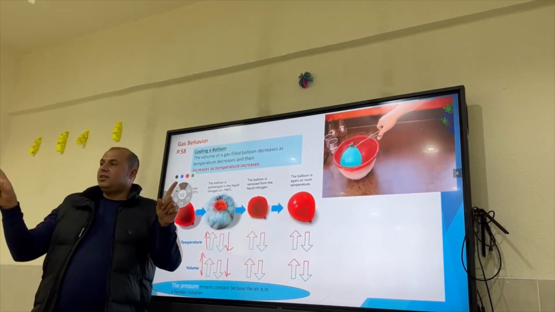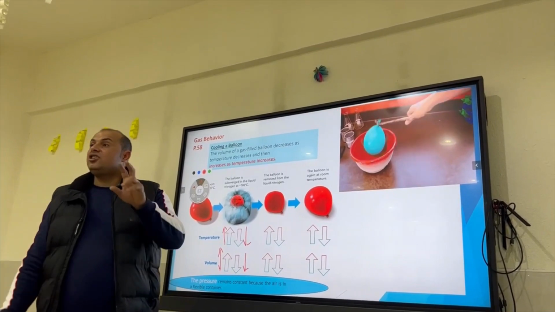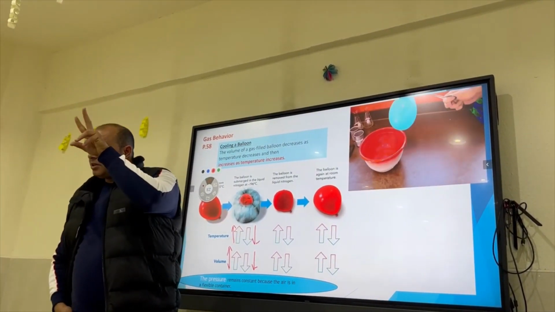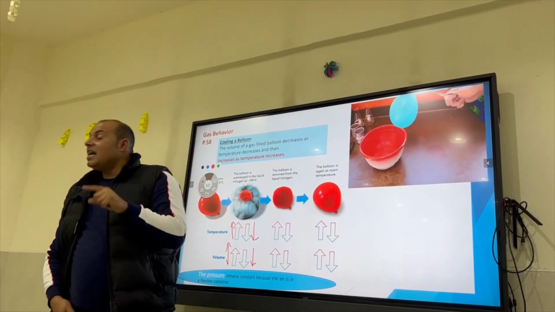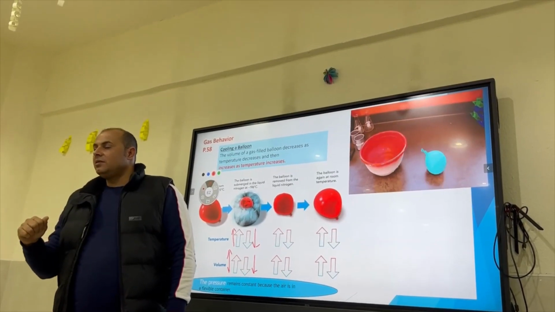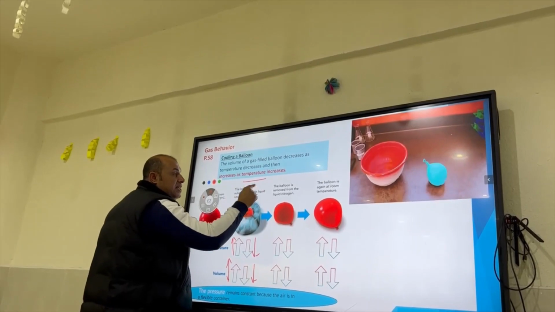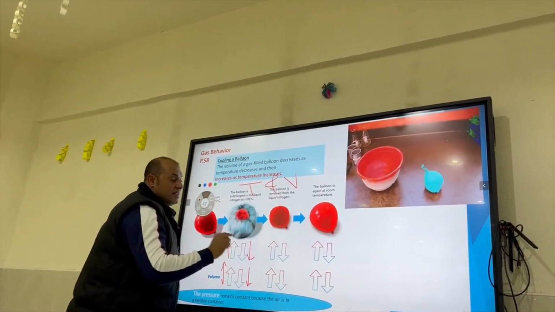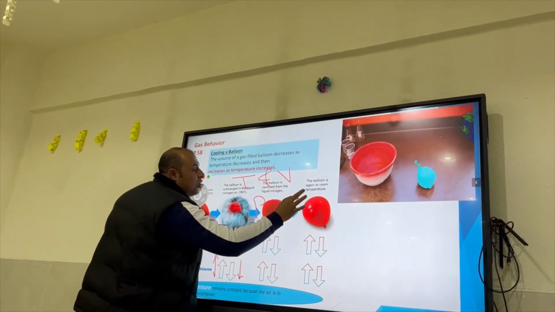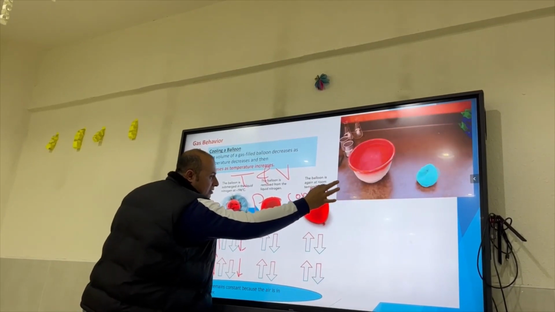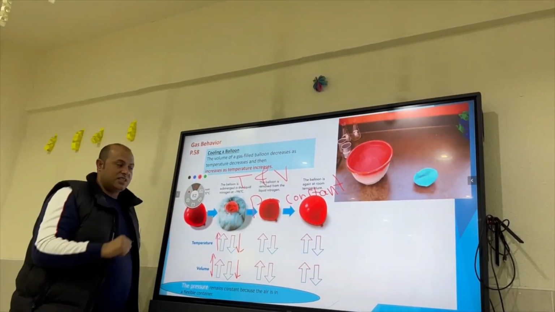In general, if I want to make a relationship between two parameters in gas, I have to keep the third one constant. If I want a relationship between temperature and volume, the pressure must be constant. And the opposite is correct.